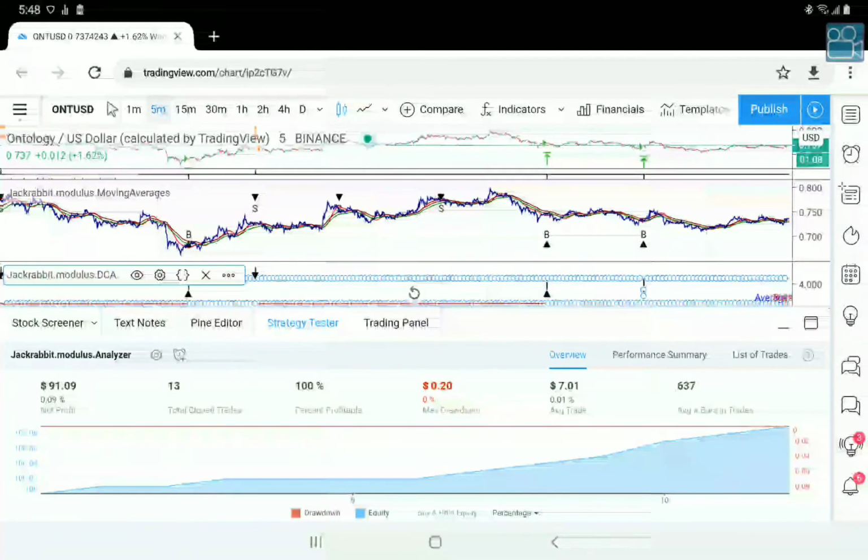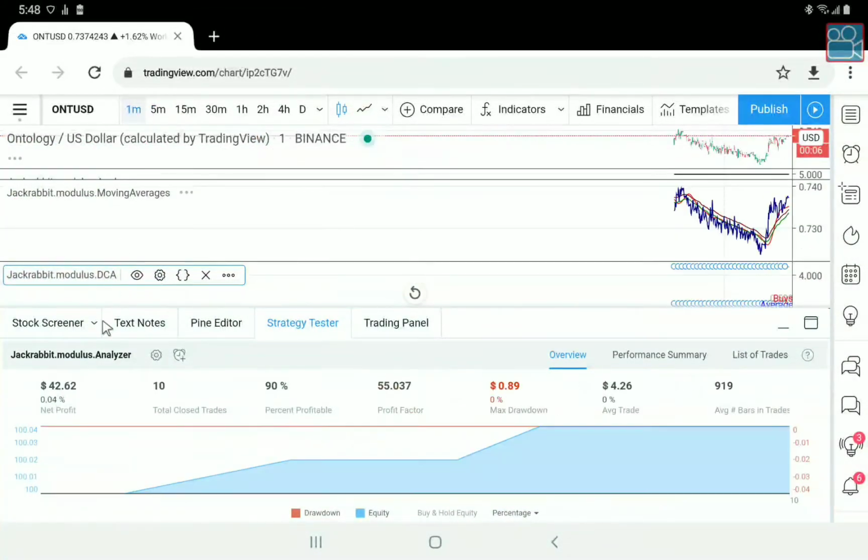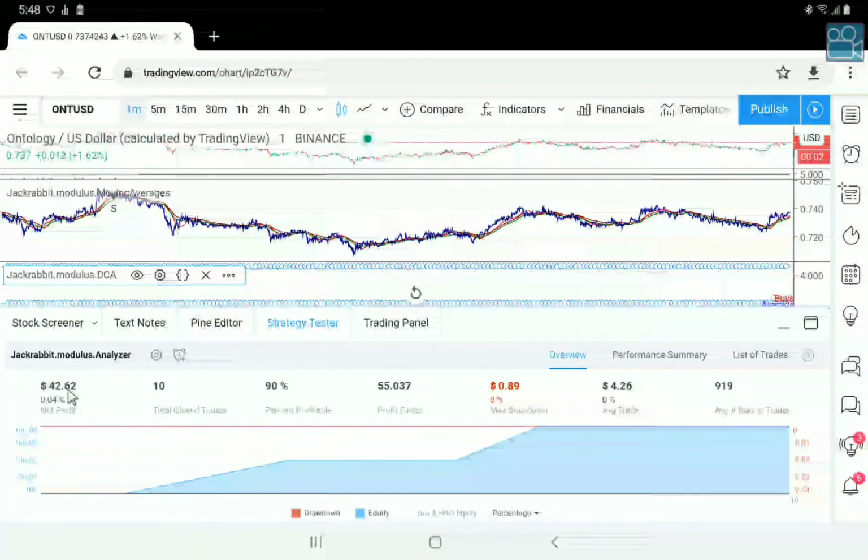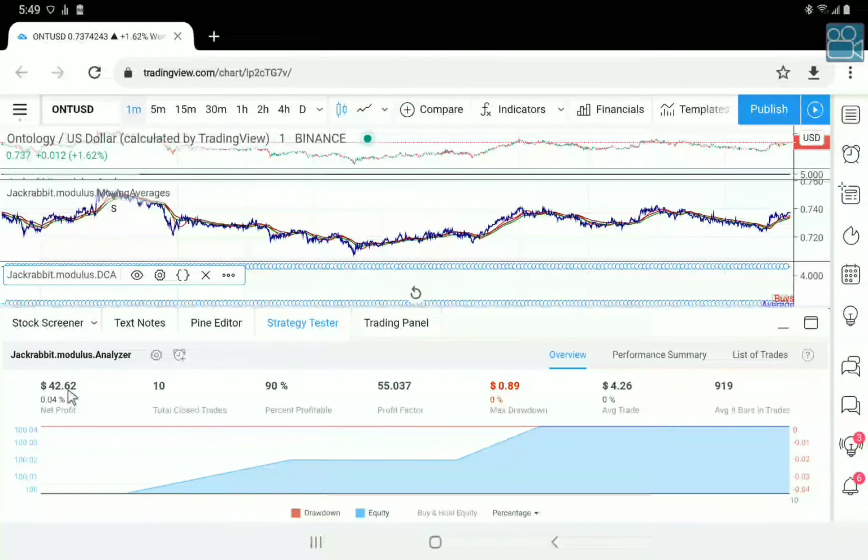Or is it? Well, 42, 40, 80, 120 for 15 days. So here you get more profit using a shorter time frame.